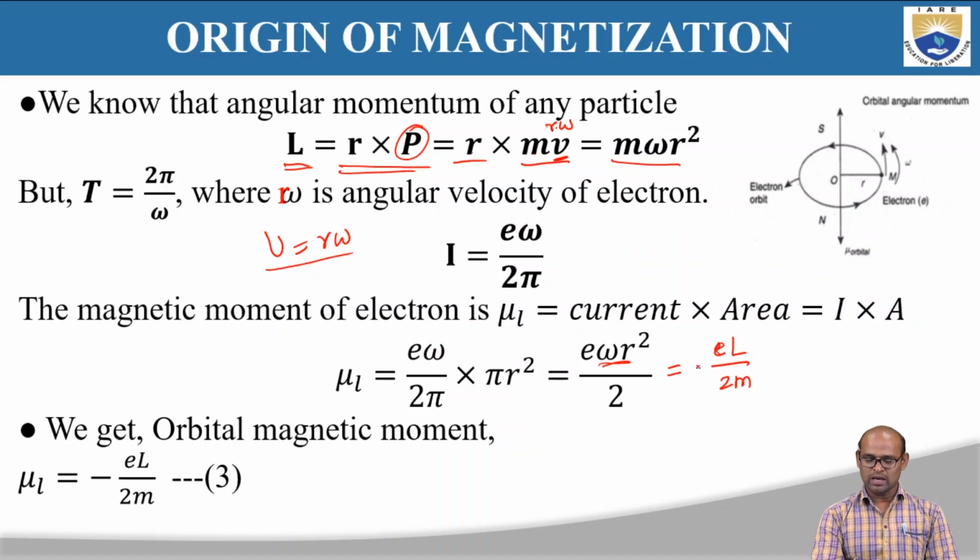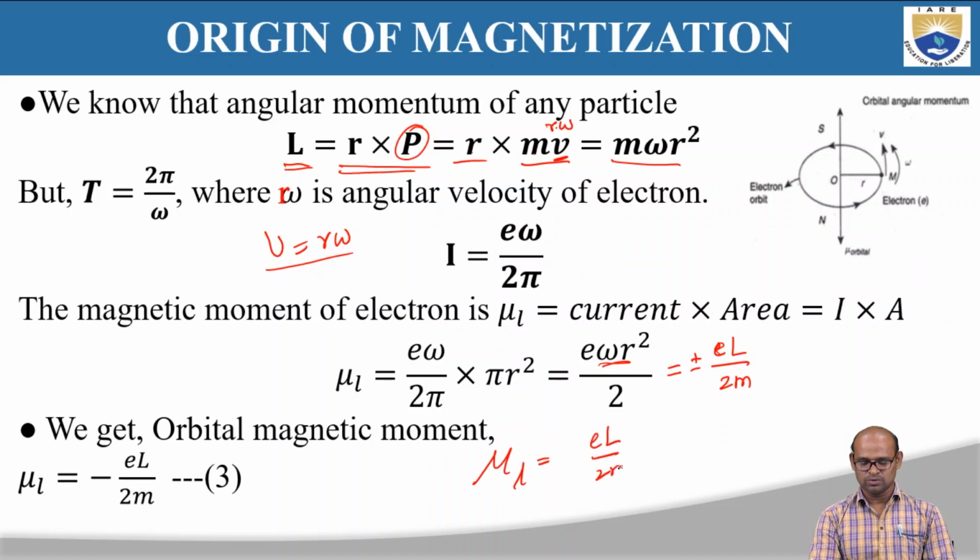You can have plus or minus based on clockwise direction or anti-clockwise direction. If it is clockwise direction, you can take eL/2m, or if it is anti-clockwise direction, you can take minus eL/2m. So the magnetic moment that is coming from the orbital motion of the electron is eL/2m, and you can take plus or minus.